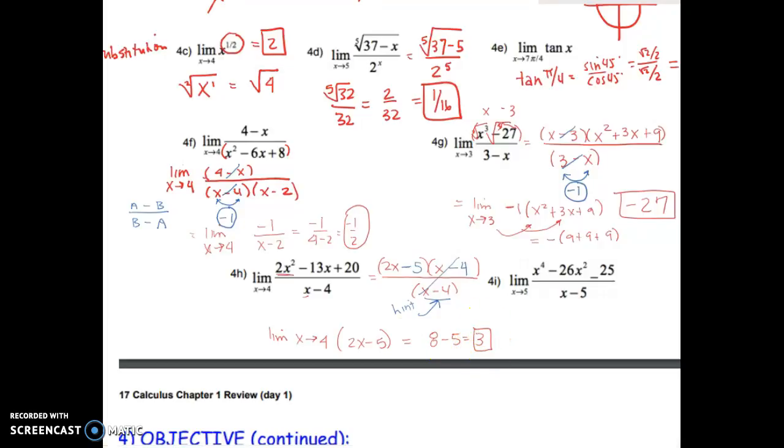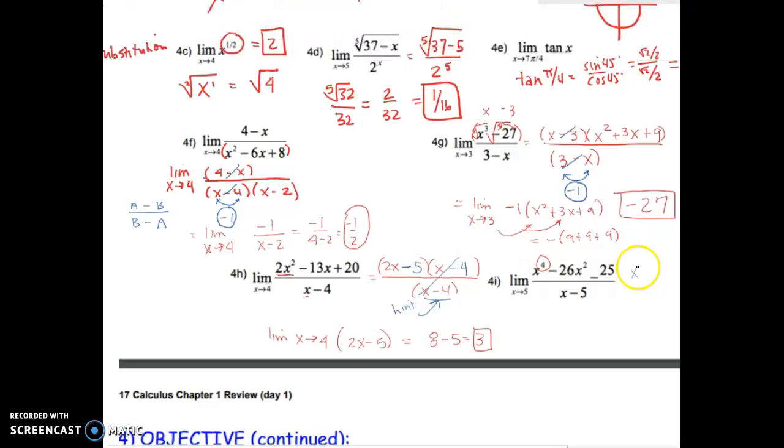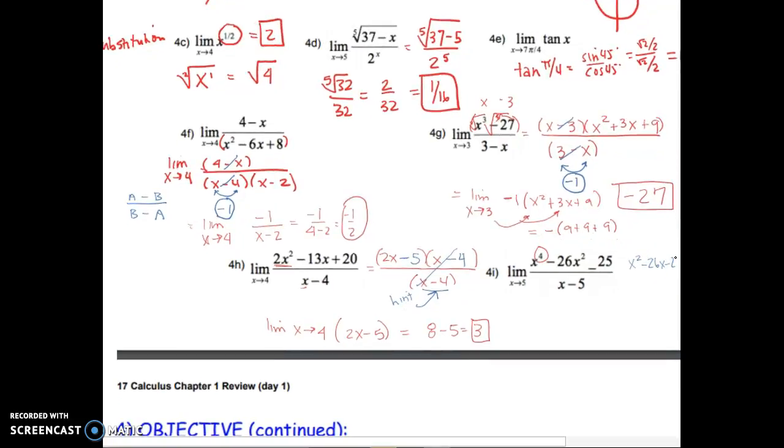On this last one, don't get scared off by the fact that you've got x to the 4th. If this problem were x squared minus 26x minus 25, that should be a plus 25.